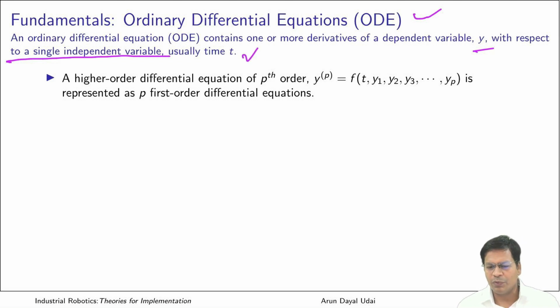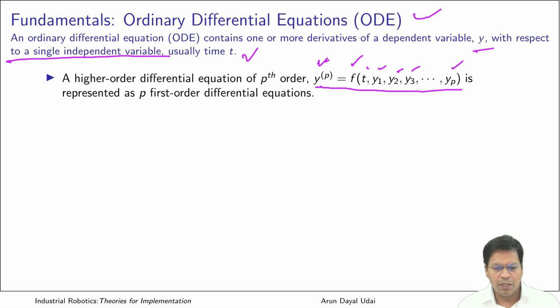So your system normally should look like this. The pth order derivative of y is equal to a function of time and y1, y2, y3 up to yp. What are those? They are basically derivatives of y.